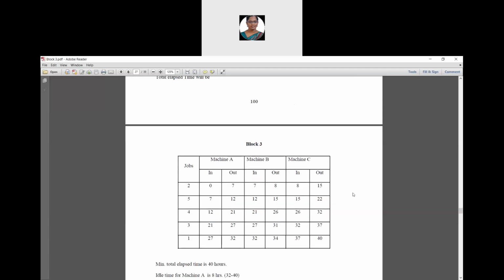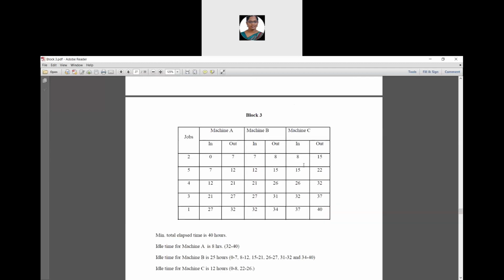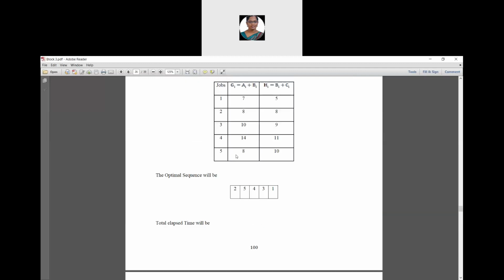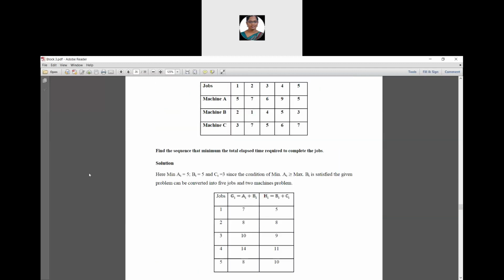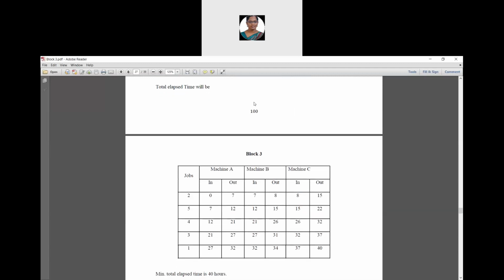Okay, so for the first machine, the first in value is always 0. In the out place, we have to add the in value 0 plus the processing time for the second job in machine A. The second job in machine A is 7. So 0 plus 7 is 7.